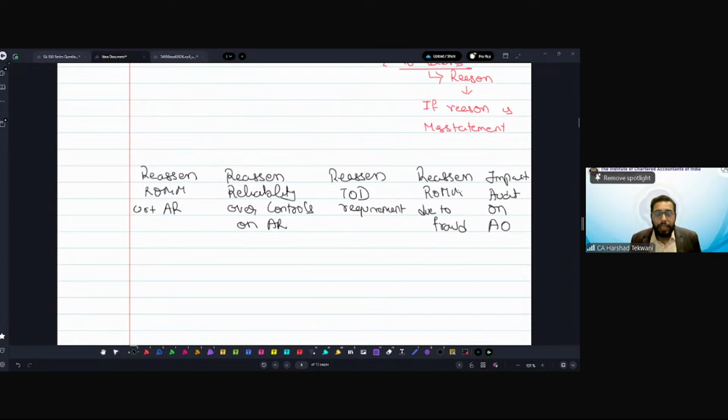And accordingly, you need to evaluate the impact on the audit. So it's not just one thing that you need to do, but there are multiple things that are required to be performed when there is an inconsistency.